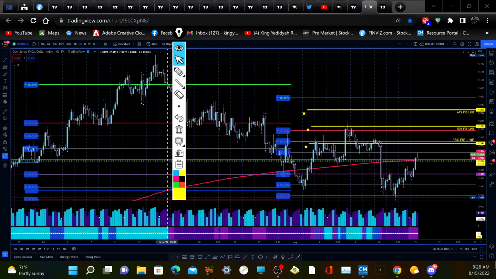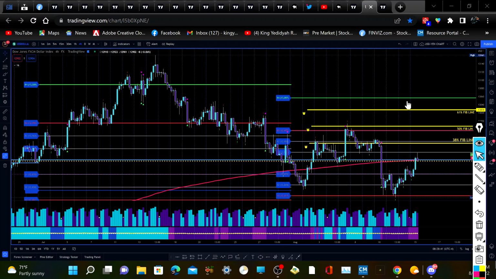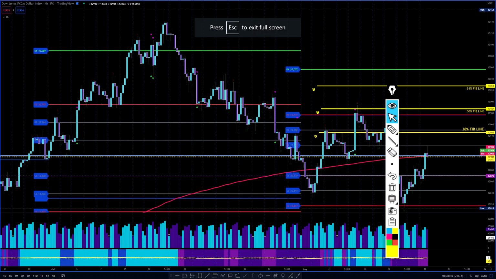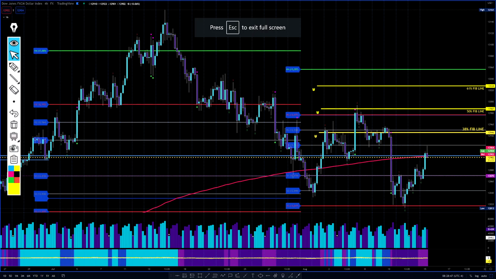So firstly, on the monthly Camarillas, let me just make this bigger. On the monthly Camarilla level, the setup is the previous Camarilla levels, and this is the monthly Camarillas, right?